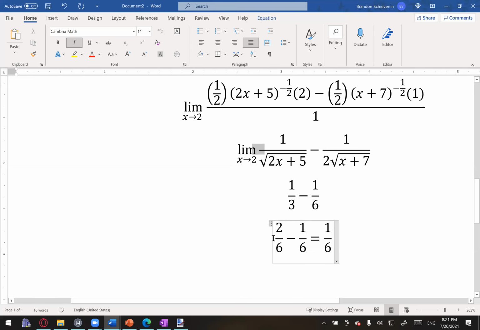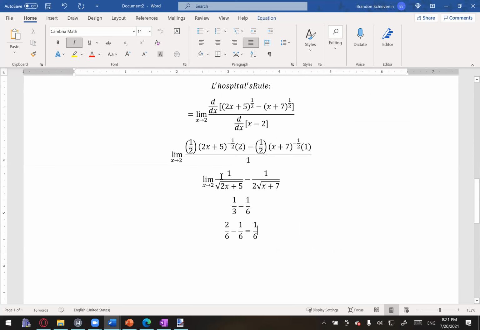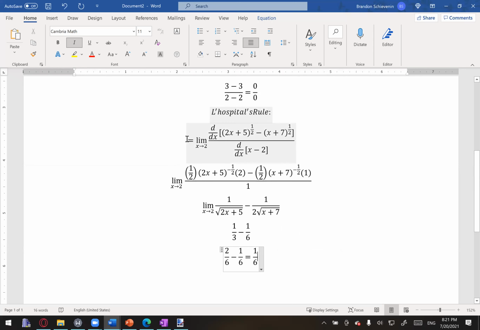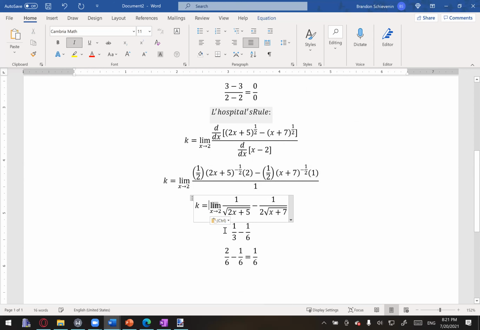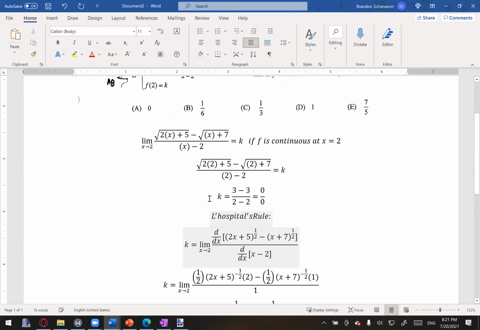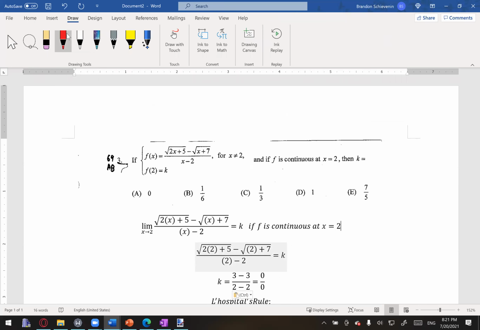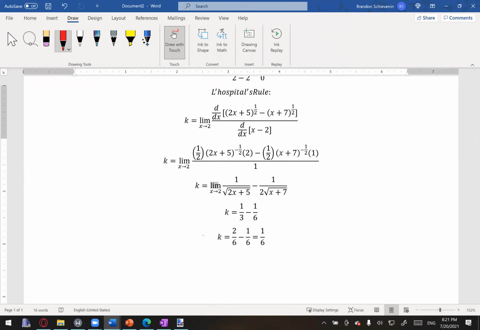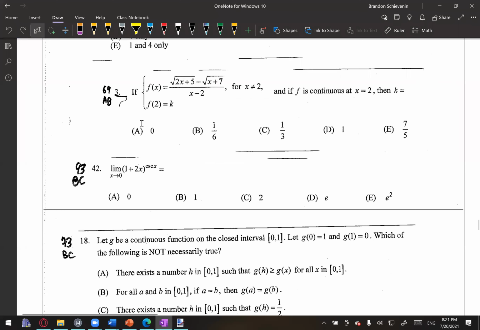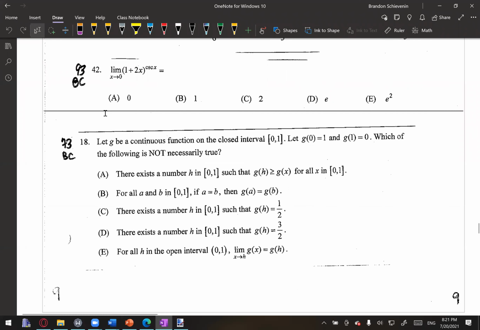Okay, so this is what k should be equal to. So that's 1/6. You had a couple more. You said these two, right?